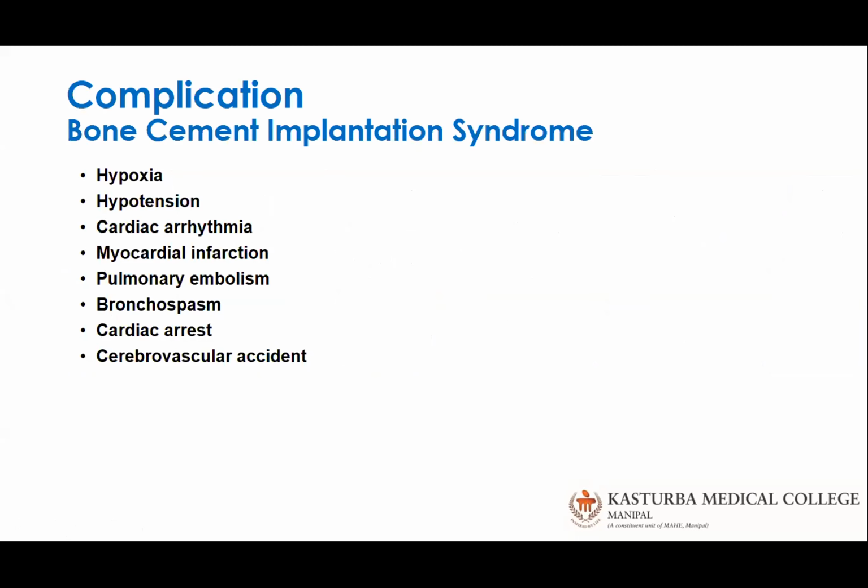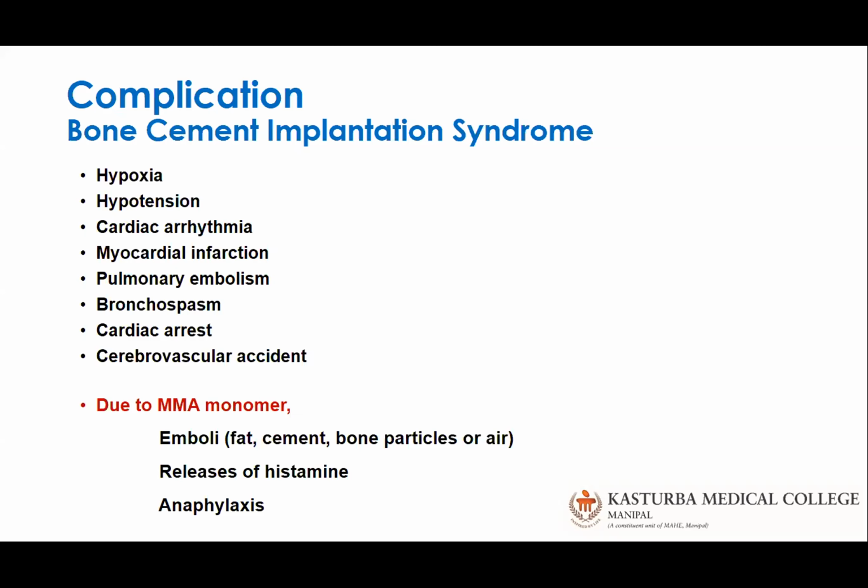What are the complications of cement? Hypoxia, hypotension, cardiac complications in the form of arrhythmia, myocardial infarction, pulmonary embolism, bronchospasm, cardiac arrest, and cerebrovascular accident. This is mainly because of the microemboli which reach the lung during cementation.